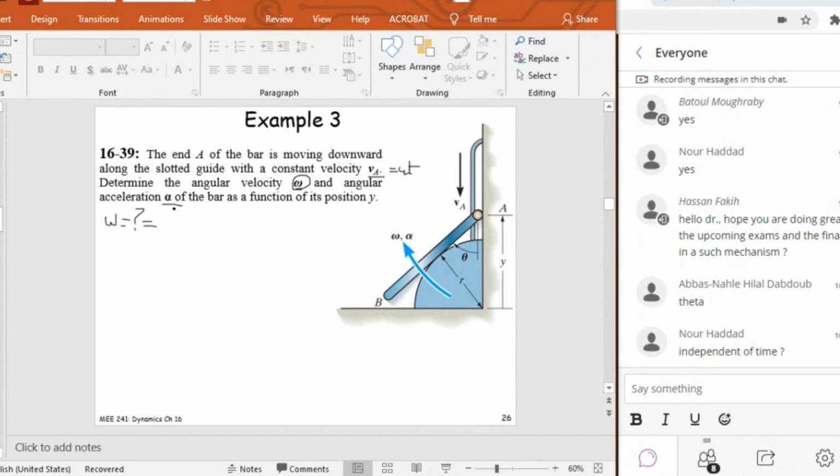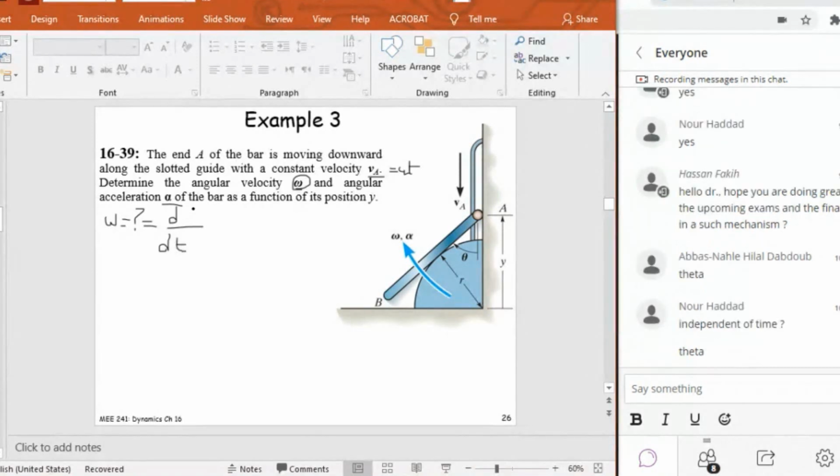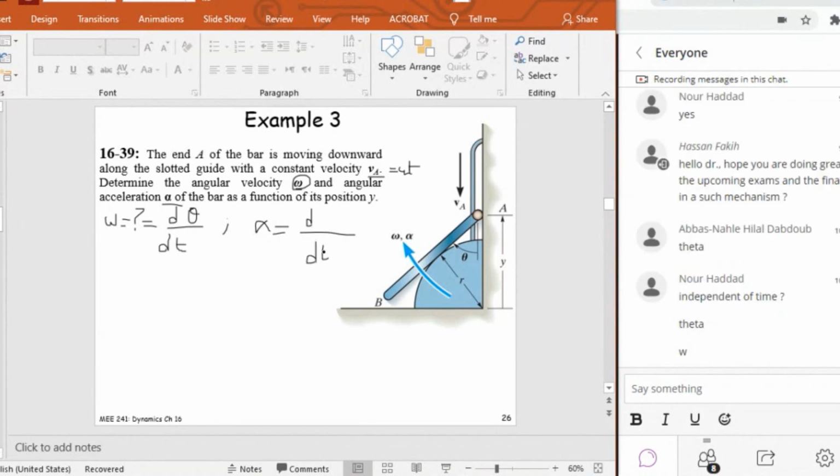So I need to find omega. What is omega, guys, by definition? It's the derivative of what with respect to time? d theta. Yes, perfect, Noor. And what is alpha? It's d omega.